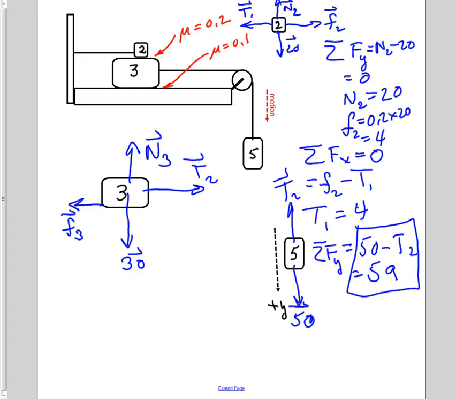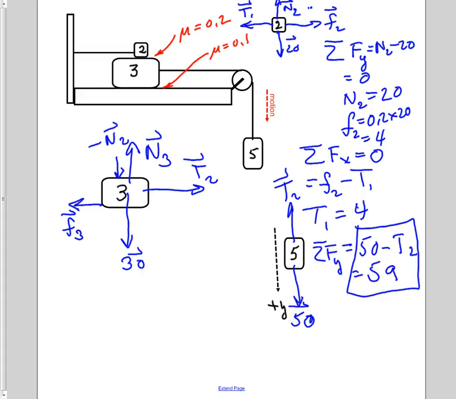But the 3 kilogram object is also touching the 2 kilogram object. And therefore, we have a force down, which is equal to minus N2 because of Newton's third law. N2 is the force that the 3 exerts normal to the surface on the 2. So the force that the 2 exerts on the 3 is down this way.